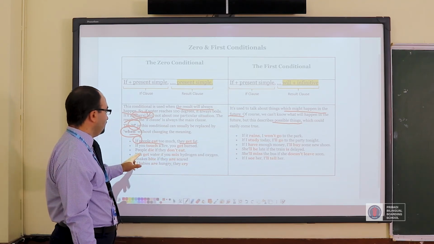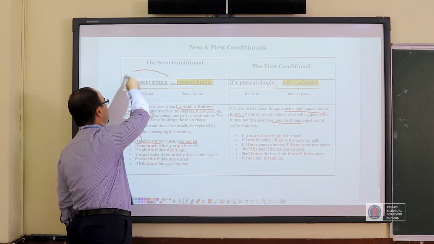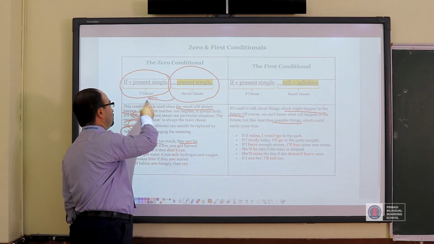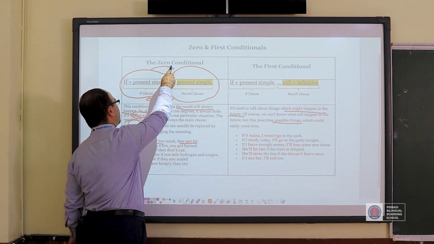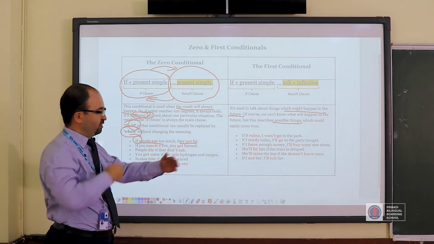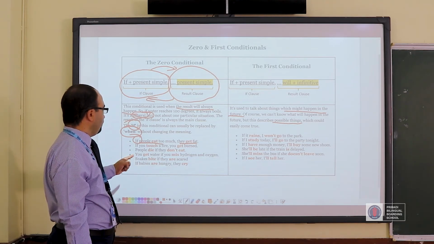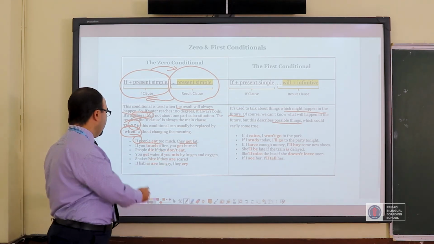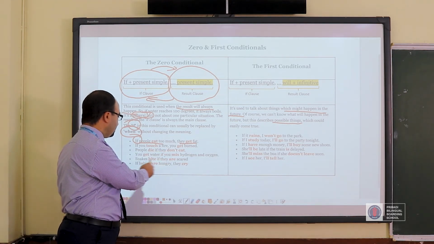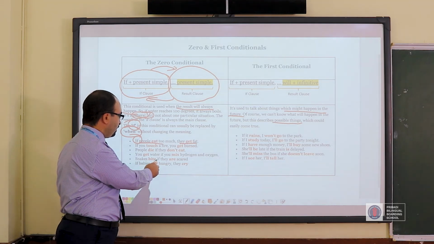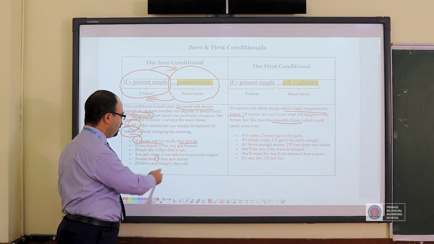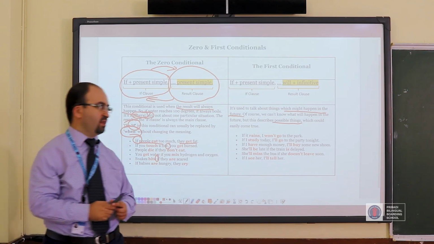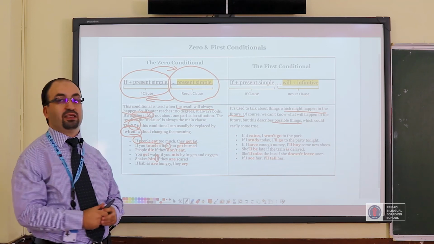So we can change these structures; they can change places. And what's the difference? If the if clause is at the beginning, we have a comma here. And if the result clause is at the beginning, we don't have a comma, right? Here we have a comma, here we don't. That's another key point we must keep in mind.